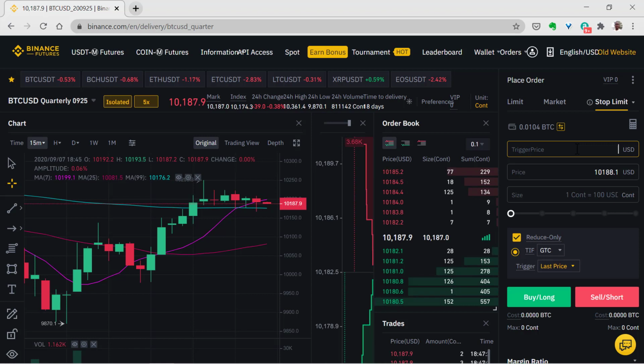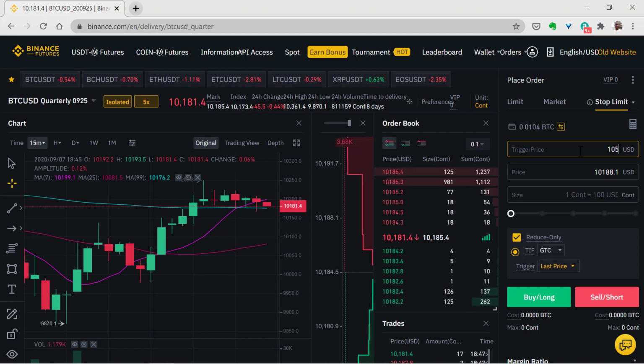So if I want to trade this contract now and I want to use a stop limit, I could say 10.5 and put my trigger price at 10.5.